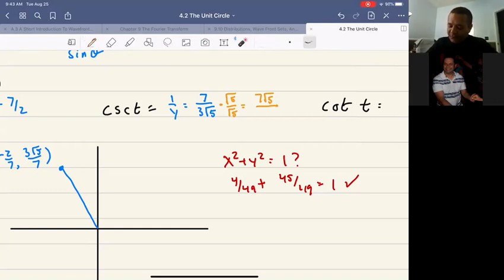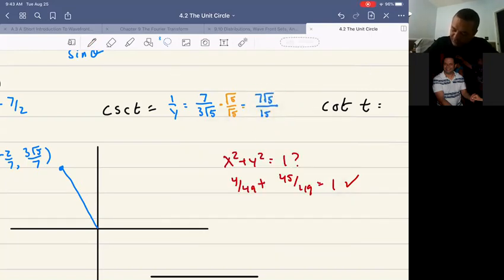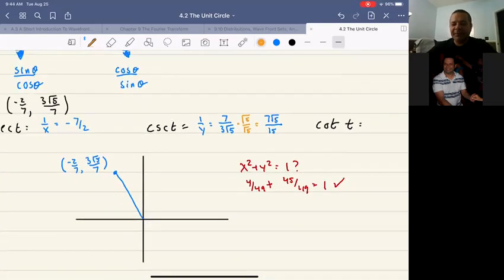Well, remember, root 5 times root 5 is what? That's right, it's 5, and 5 times 3 is 15. So 7 root 5 over 15 is the proper answer.